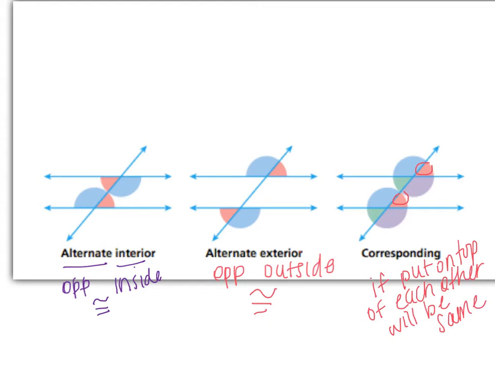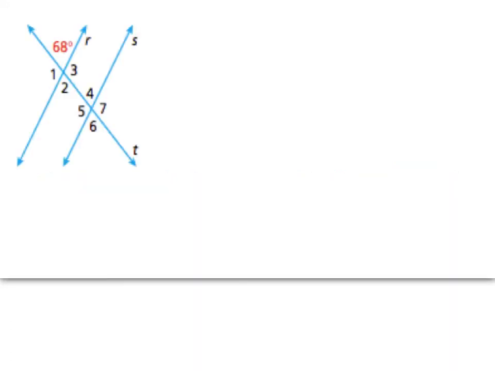So we can use that in the next example. So let's look at this. We have a transversal here, and we know that this angle right here is 68 degrees. So let's see if we can find the measure of angle 4. Okay?